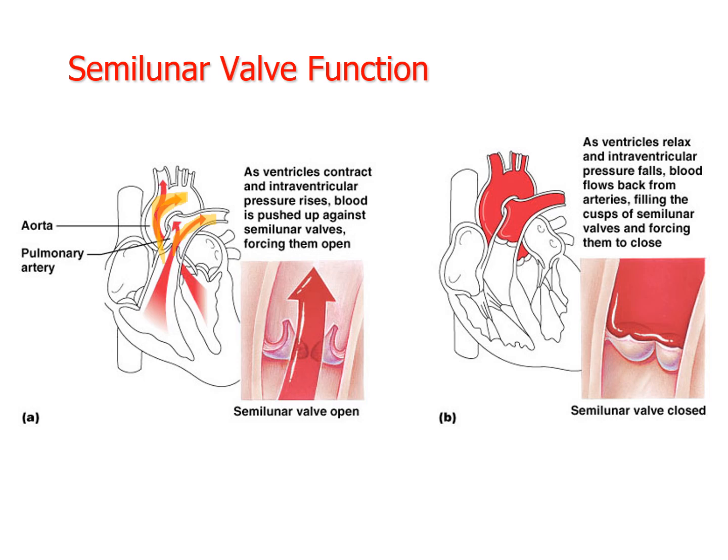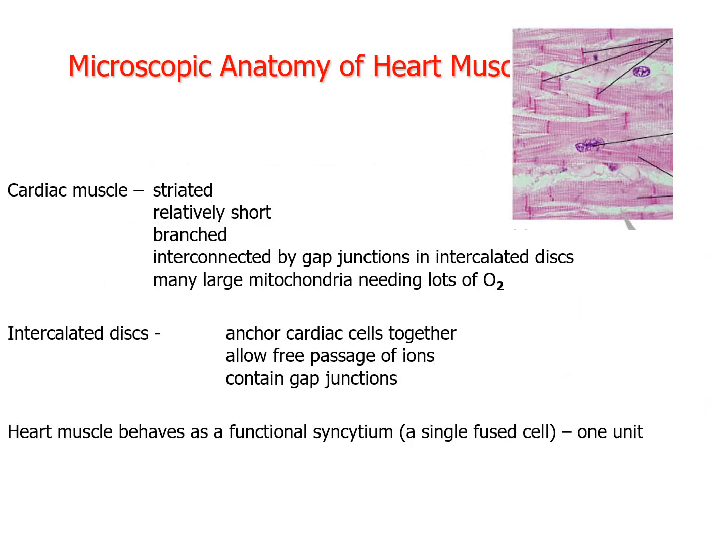When it hits the walls, there is a little bit of a pressure wave going backwards, and that actually causes these semilunar valves to snap shut because they catch that wave and close. So the valves open and blood's rushing upwards and out. There's a little backward pressure wave that pushes back and snaps the valves shut. That way you don't get any blood coming back into the ventricles.